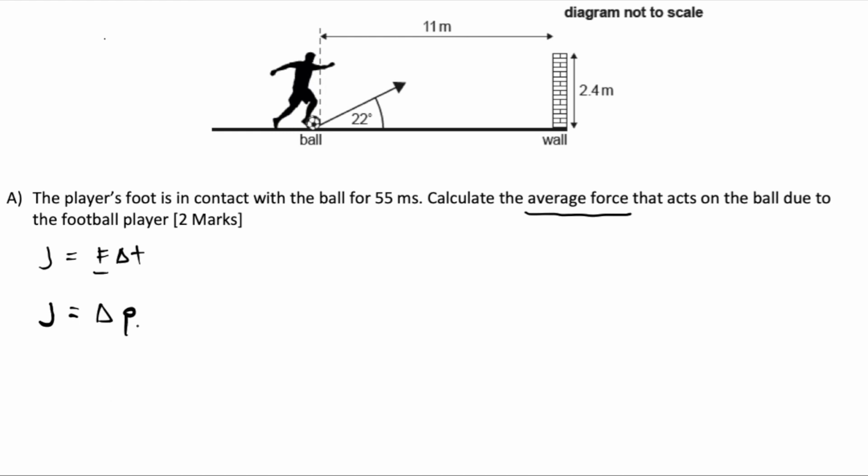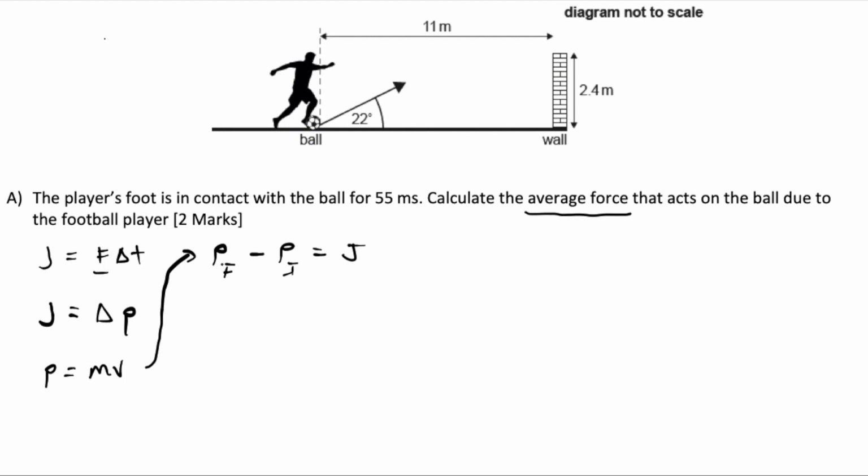And what's the formula for momentum? p is equal to mass times velocity. So we can simply get the final momentum, p final minus p initial, to get the impulse. So let's solve, shall we?